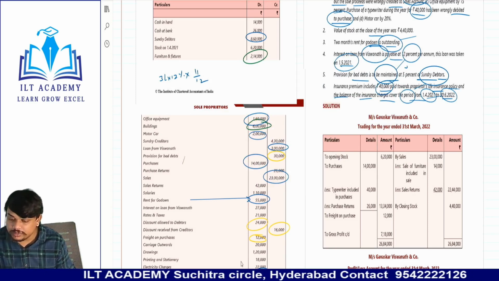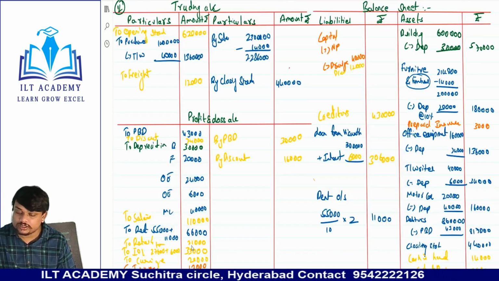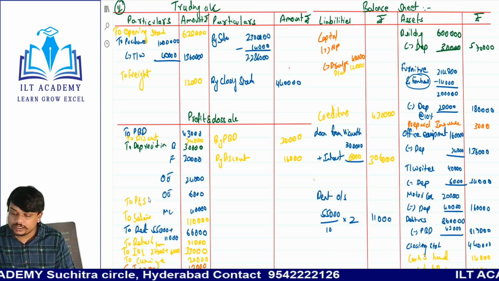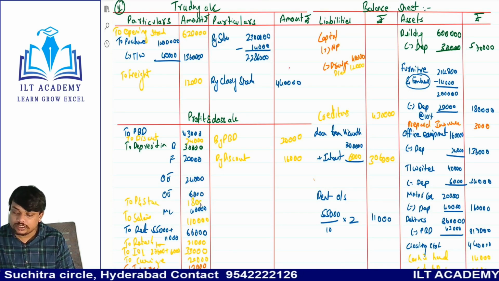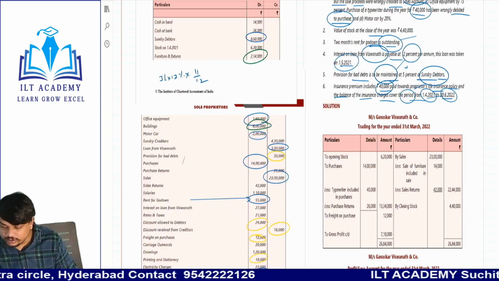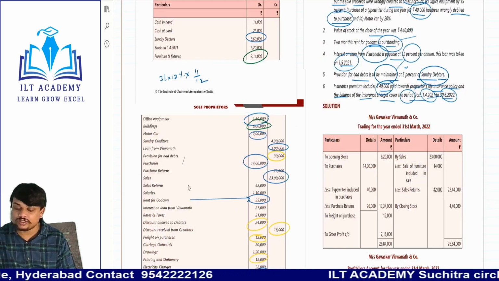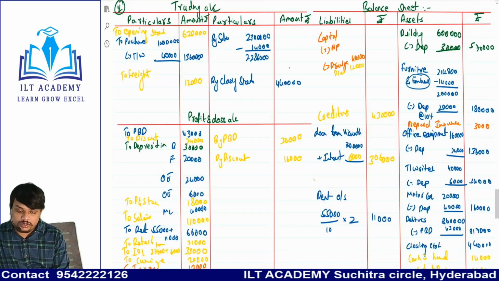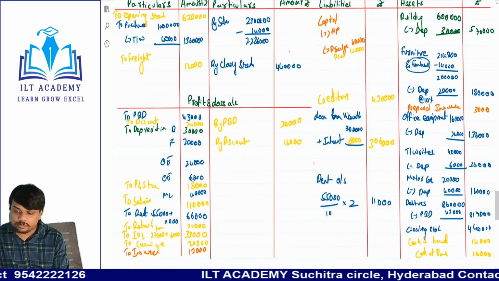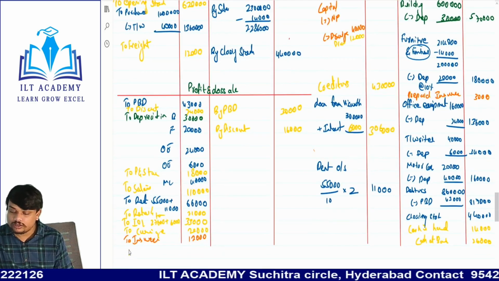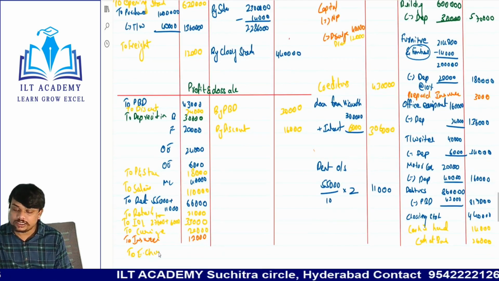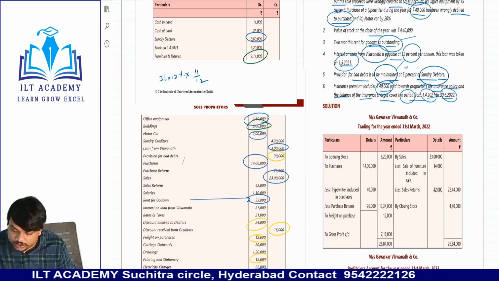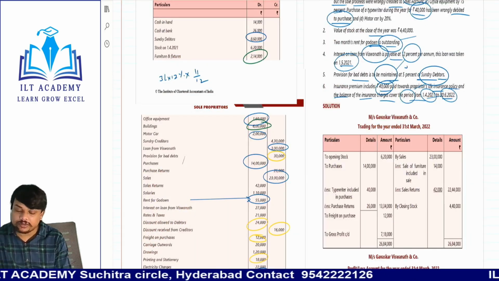Next, printing and stationery to be 18,000. Next, electricity charges 22,000. Insurance premium done.